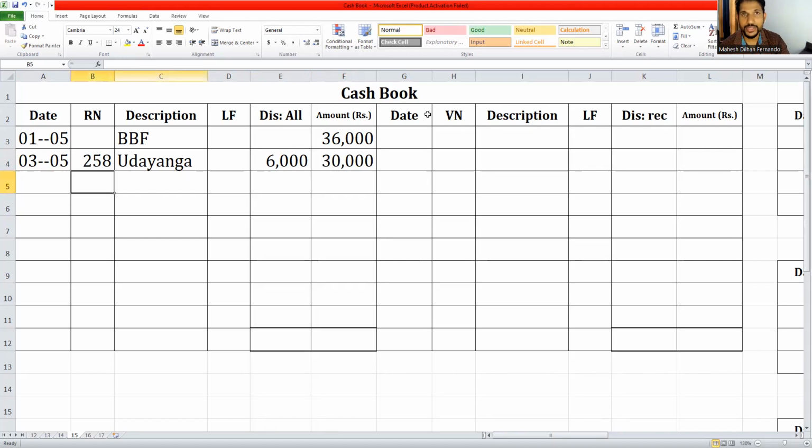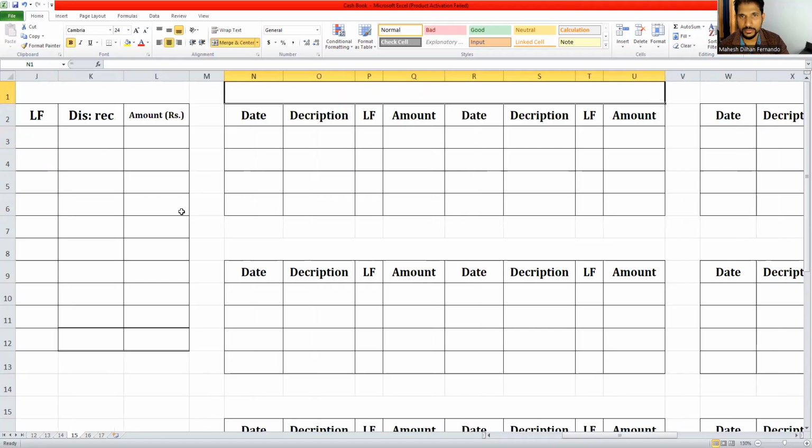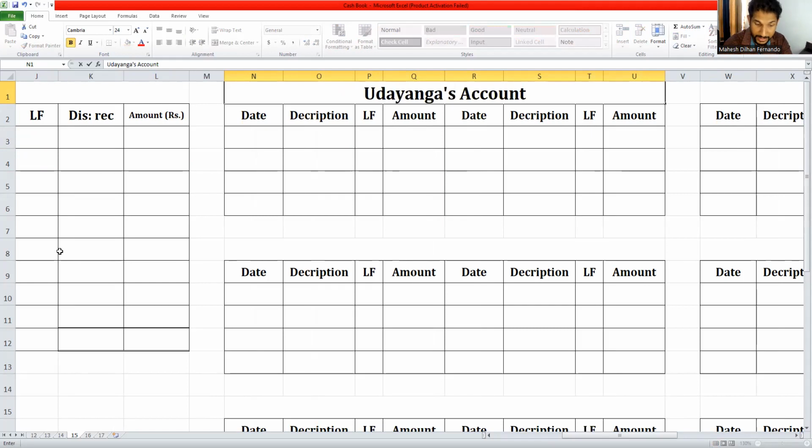At the same time, update Udayanga's personal account. Name the first account as Udayanga. Udayanga is a debtor. Get used to these terms.